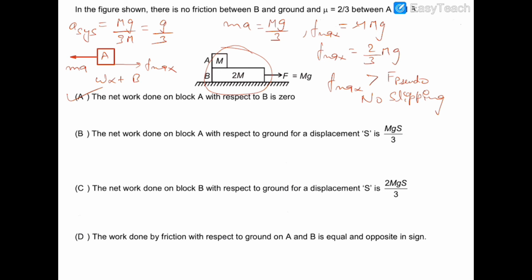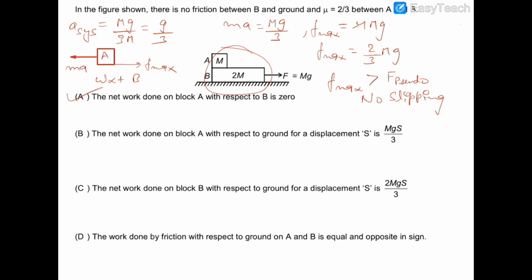Therefore, any observer standing on block B will see the block A as stationary. Therefore, he will say that the net work done on A will be 0 with respect to B. Now the option number B, the net work done on A with respect to ground for a displacement of S will be mgS/3.